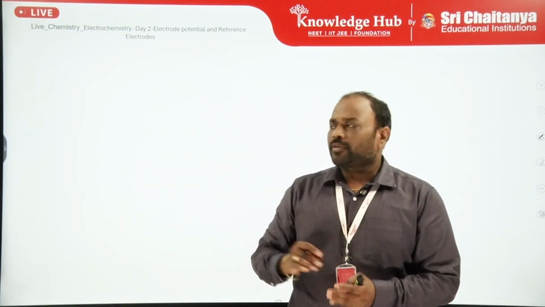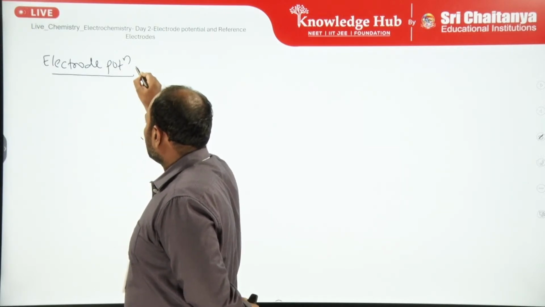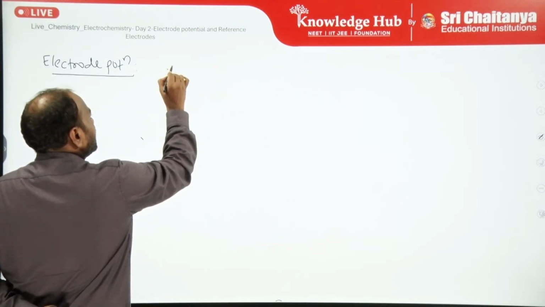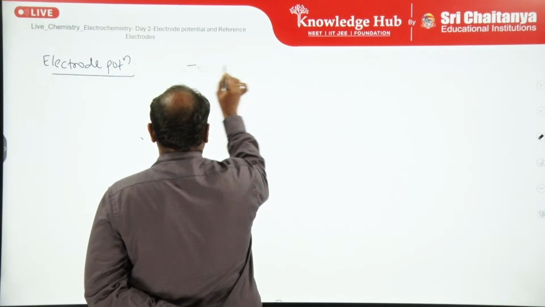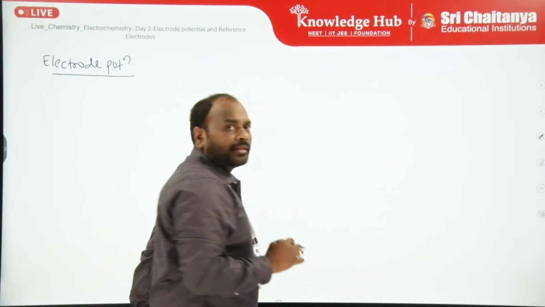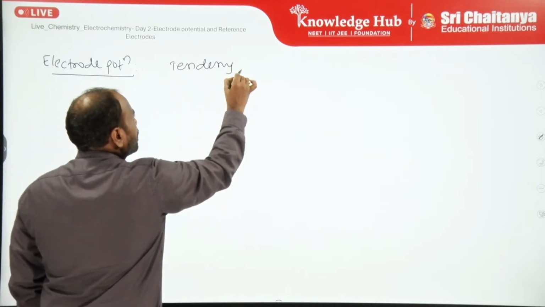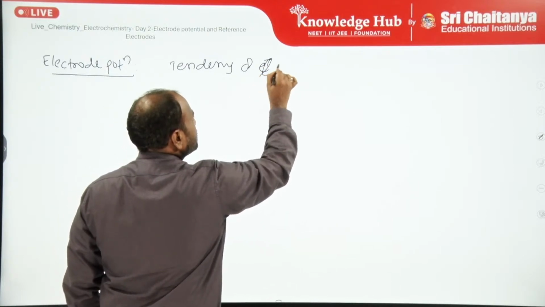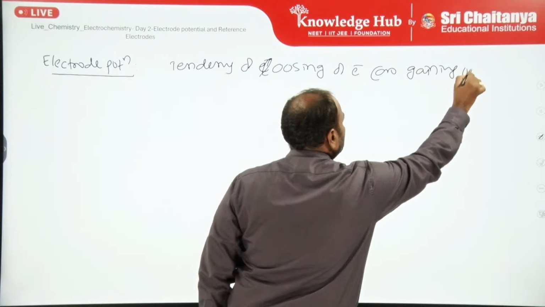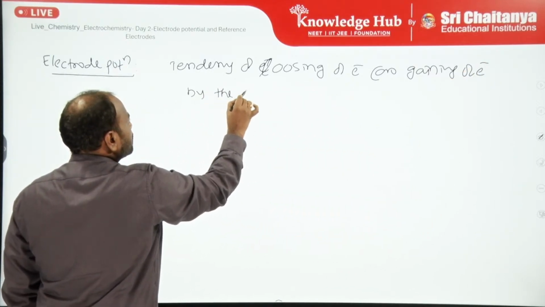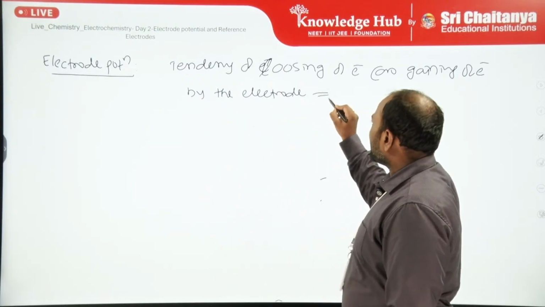So the tendency of losing or gaining of electrons by the electrode is known as the electrode potential.